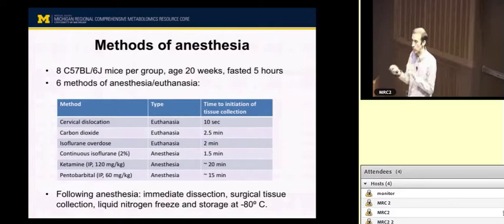It involves no administration of any chemical anesthetic or anything else like that. And it takes about 10 seconds from when you have an animal to when you are able to start collecting tissue. So very fast. This was what we thought might be the preferred method of tissue collection because it is so fast and might induce less disruption than other things which are commonly done.